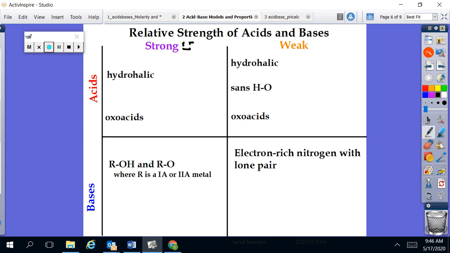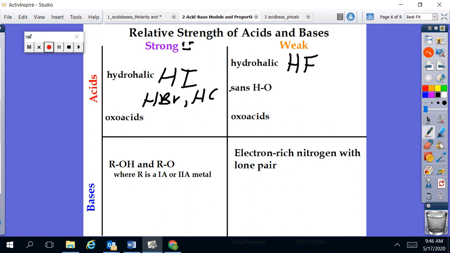Okay. So just some strong acids. As far as hydrohalic acids, that just means halogens. Hydroiodic acid is strong, hydrobromic is strong, and hydrochloric is strong. A very weak hydrohalic that's common to know is hydrofluoric.